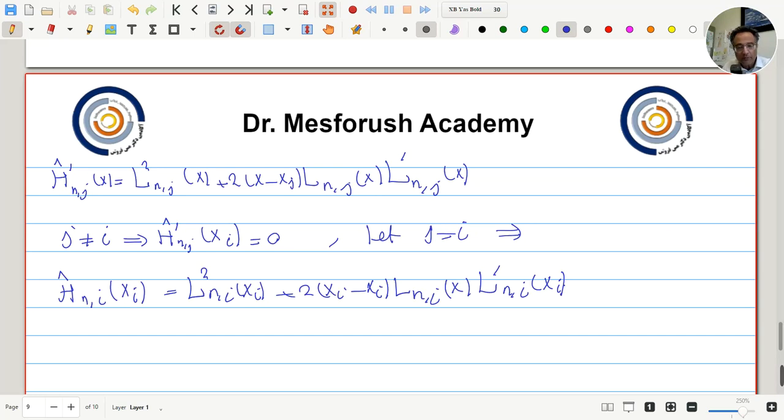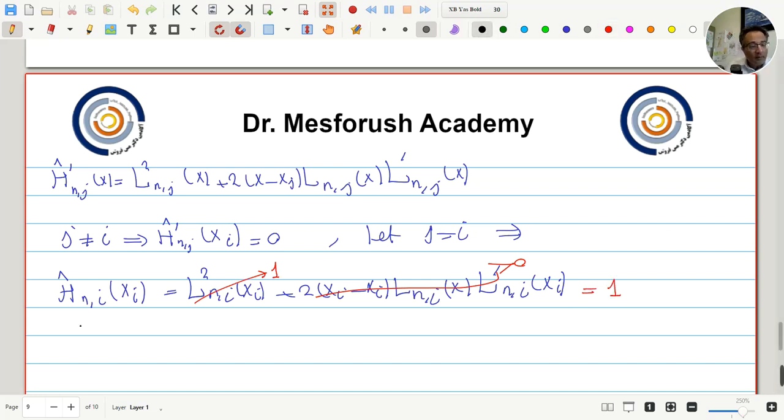This is true. Now, consider here, this term will be 0 and it remains just this one, and this is equal to 1. So it's equal to 1.